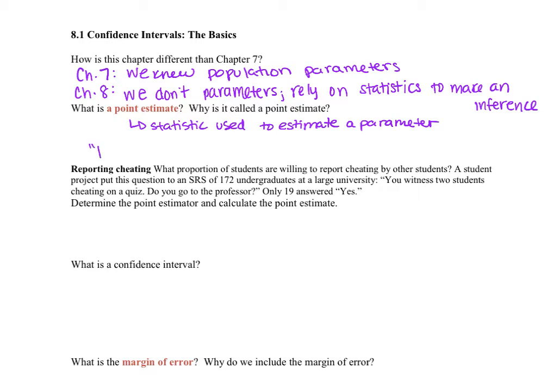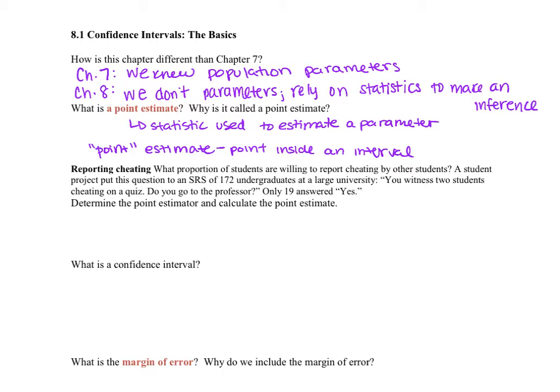So it's called a point estimate because it is a point inside an interval, and more specifically, it'll be a point inside a confidence interval. So let's take a look at this example.